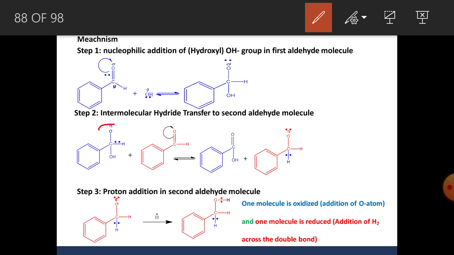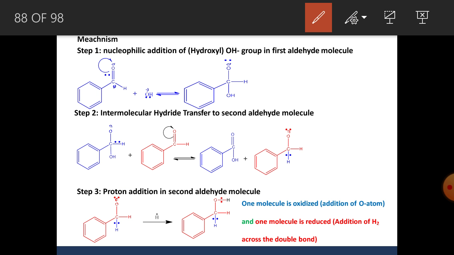C double bond O forms again, while this H minus ion is liberated. So from the first molecule, the H minus ion, that is the hydride shift, takes place. This H minus ion attacks the carbonyl carbon.